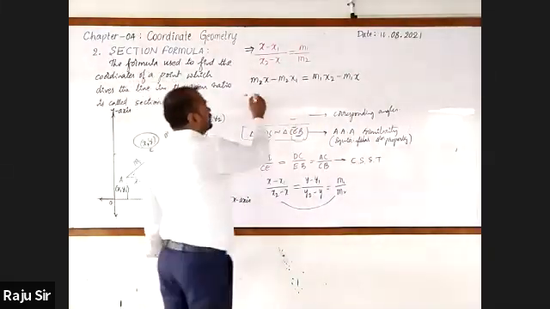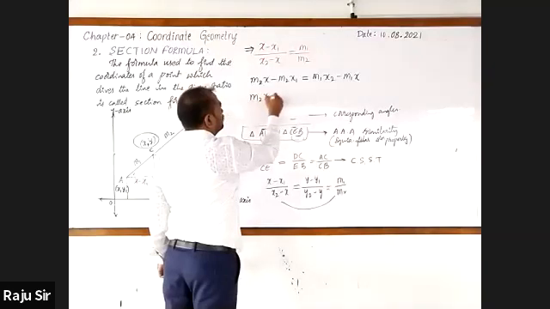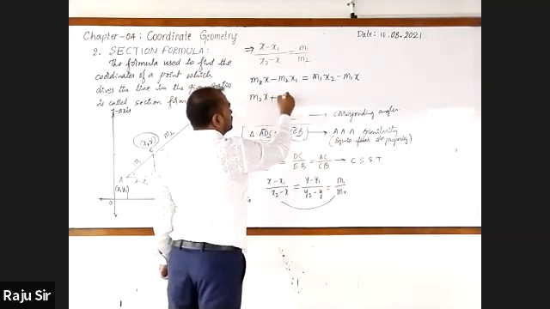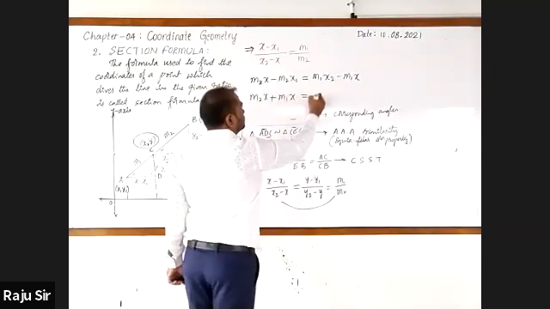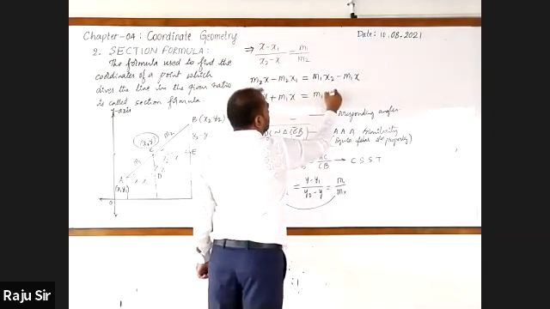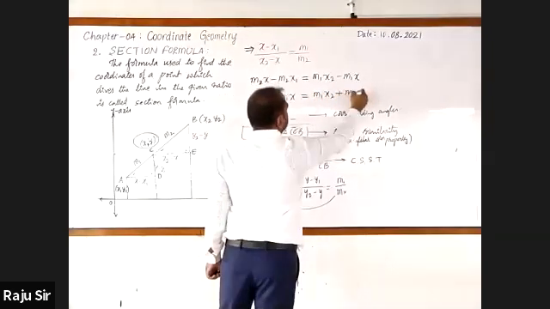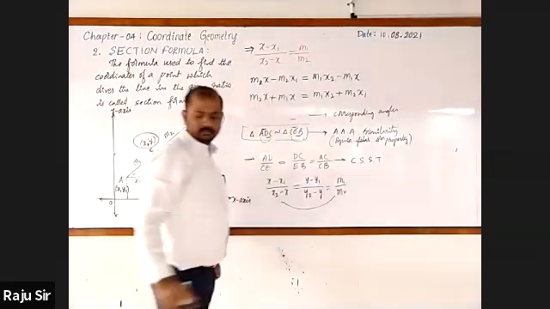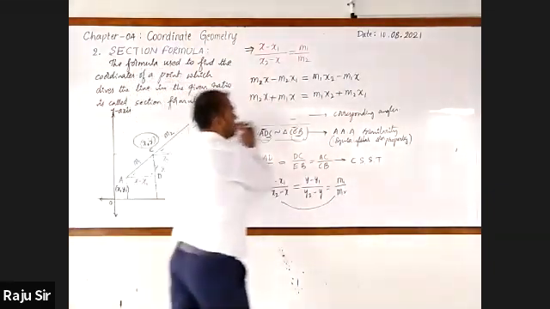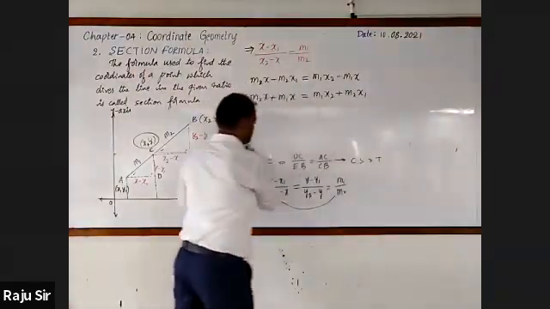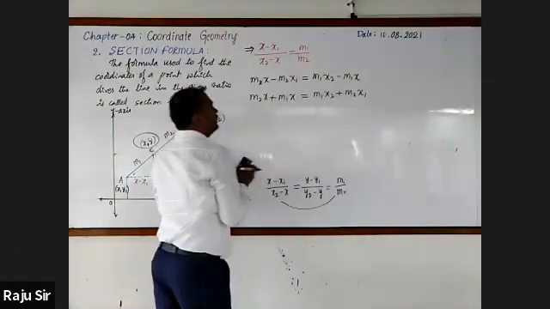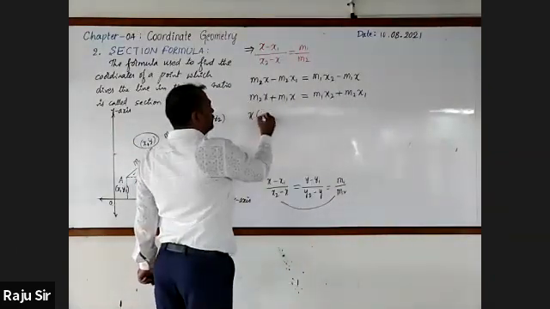Write x terms on one side, m2 x plus m1 x, equals m1 x2 plus m2 x1. Next, take the common factor.